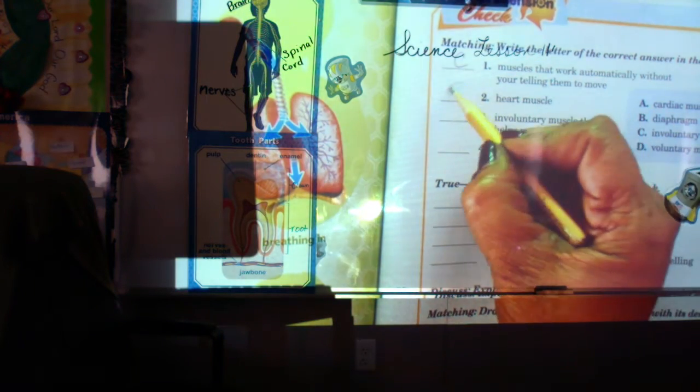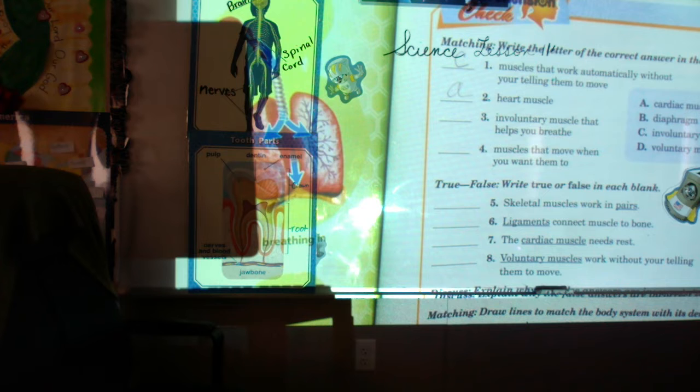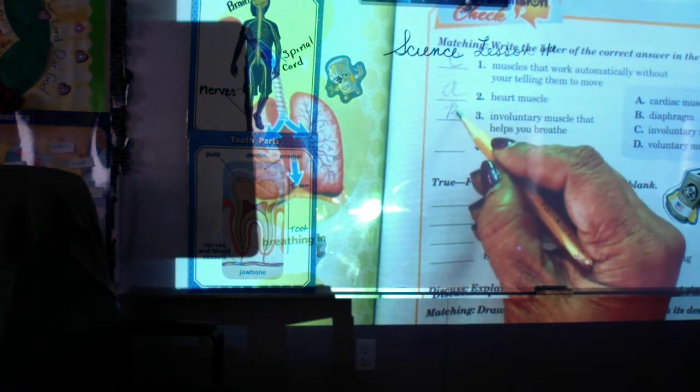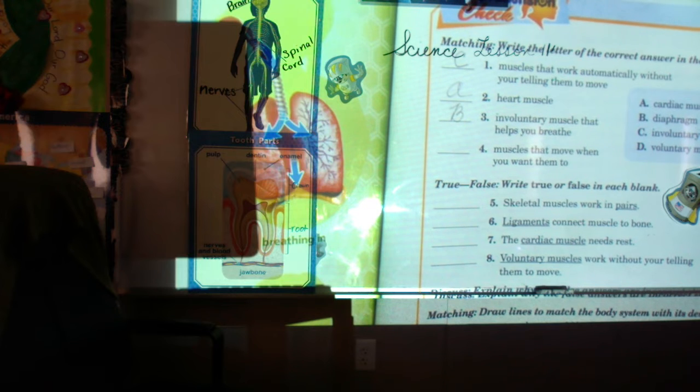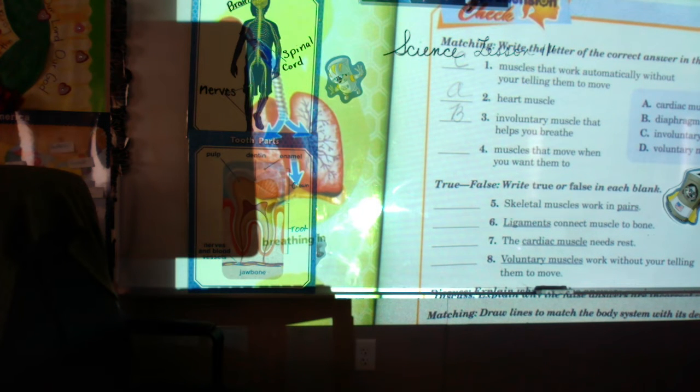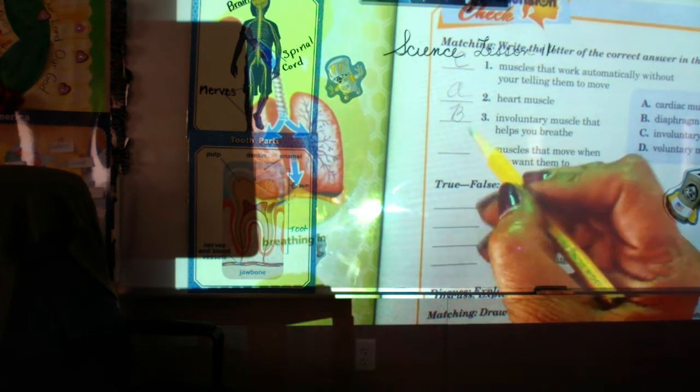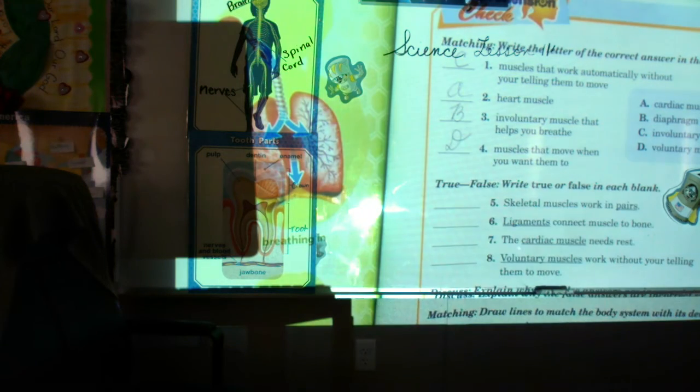Letter A, cardiac. Involuntary muscles that help you breathe. Your diaphragm. Muscles that move when you want them to. That will be D, voluntary.